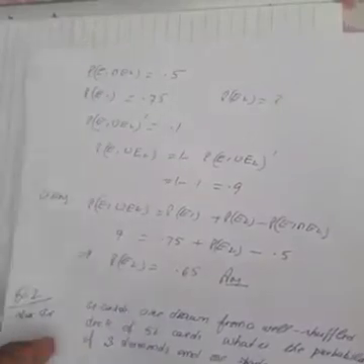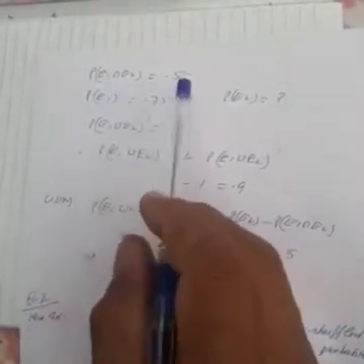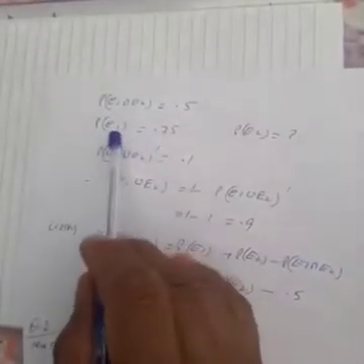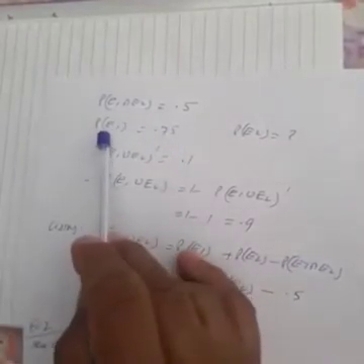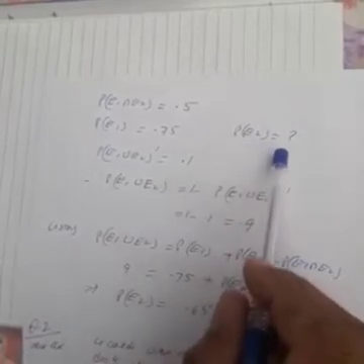Now in the question we are given the probability of passing both English and Hindi, that is given as 0.5. Probability of event E1 is given as 0.75. Probability of passing in Hindi is required.